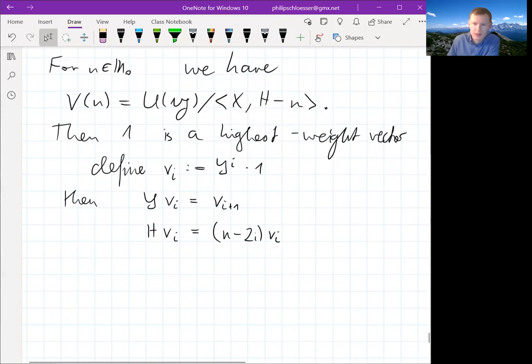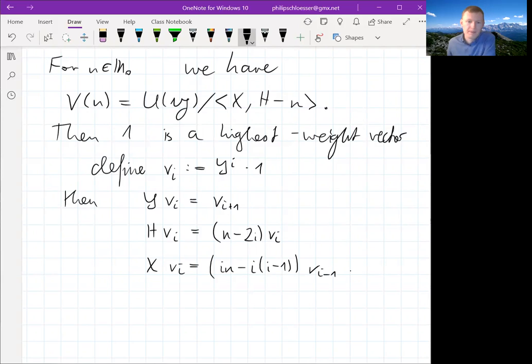And lastly, we can apply x to v_i, and this is a big expression, but ultimately (n minus i) times (i minus 1) v_{i-1}.